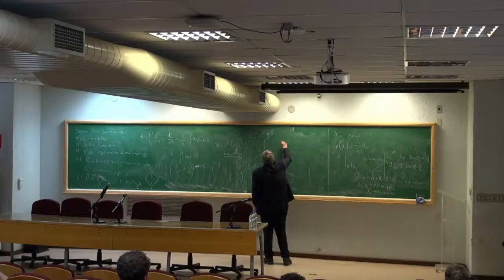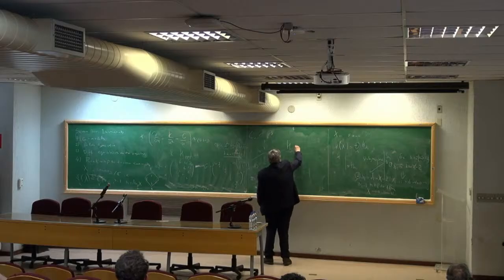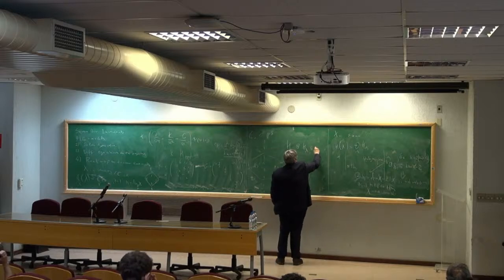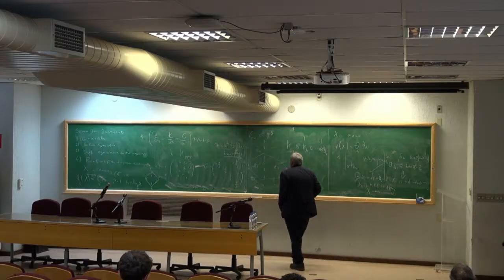So the corresponding splitting is this Calabi-Yau, which is rigid, and you have six more atoms which have dimension 1.